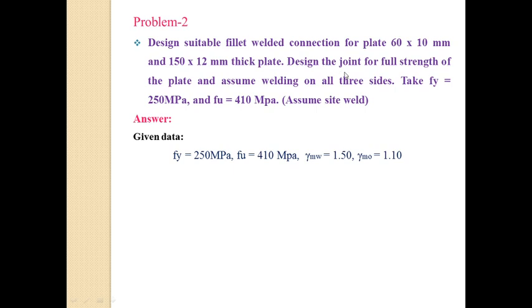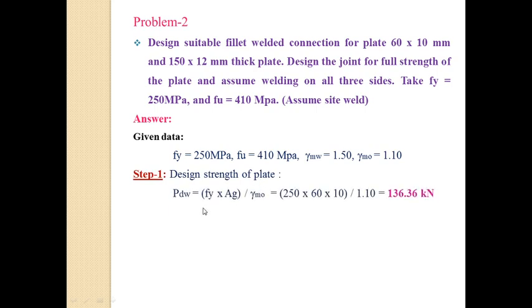So first of all, we have to calculate the factored load for this joint. How can we calculate it? Step number 1, design strength of the plate. We can find it using the formula PdW equal to Fy into Ag upon gamma m0, which is the strength of that joint.